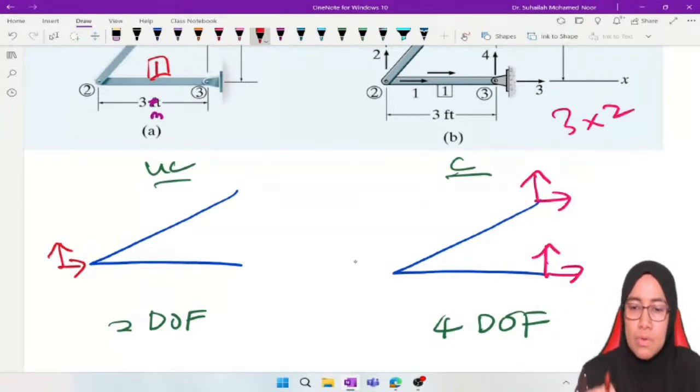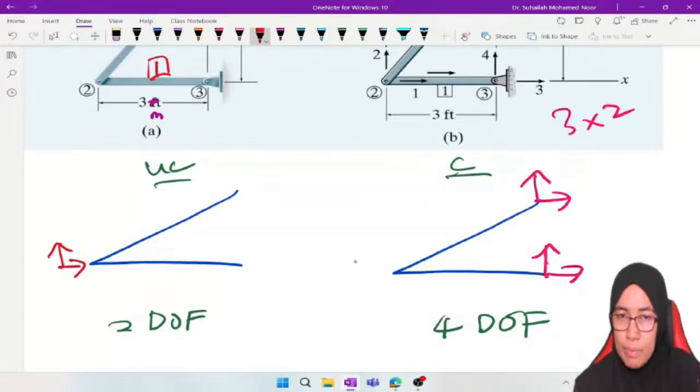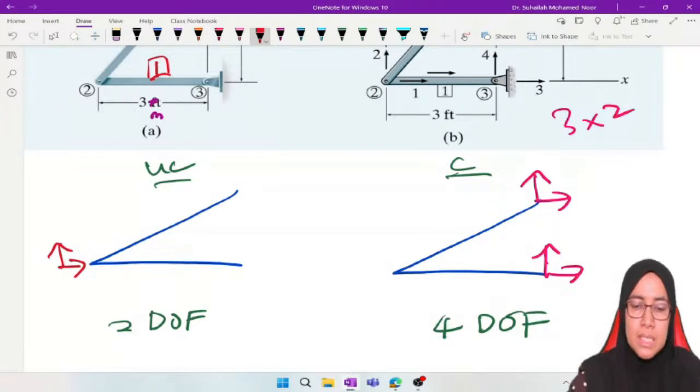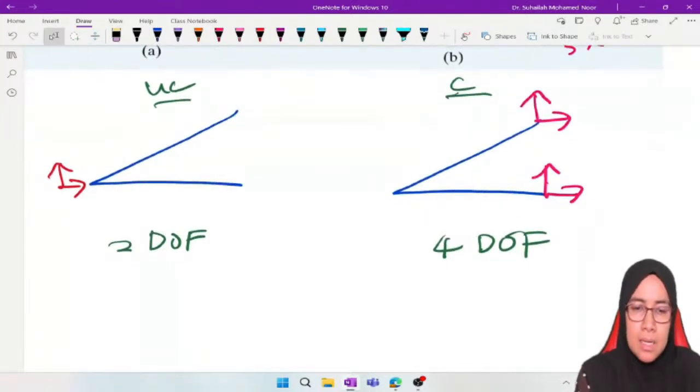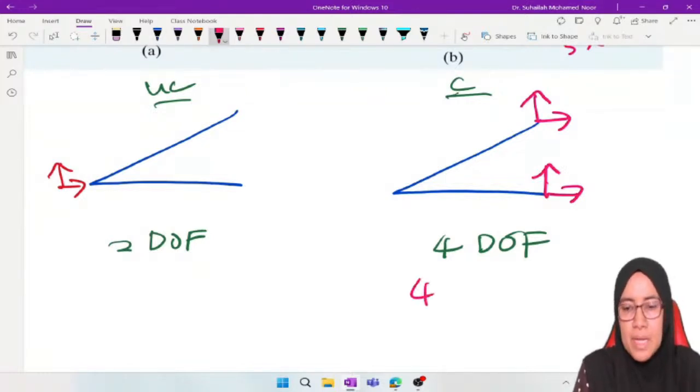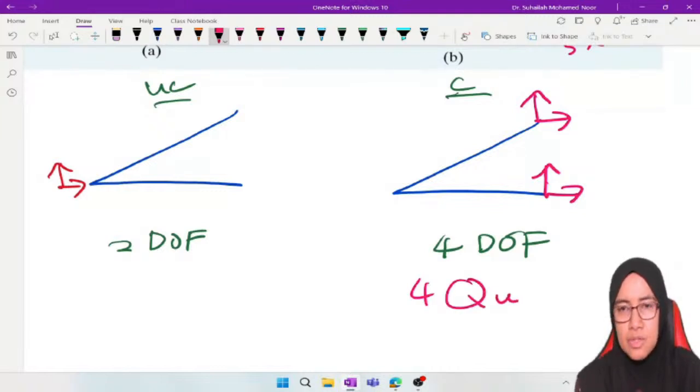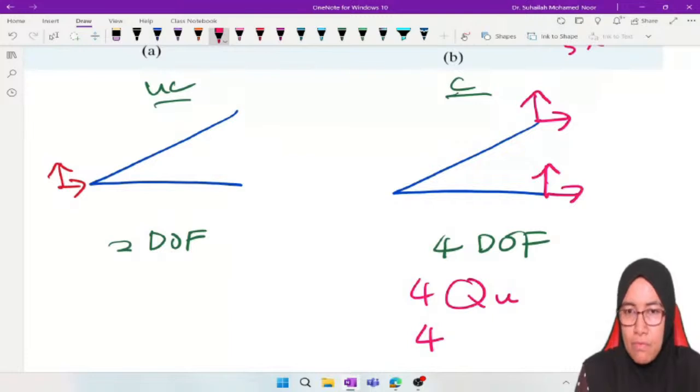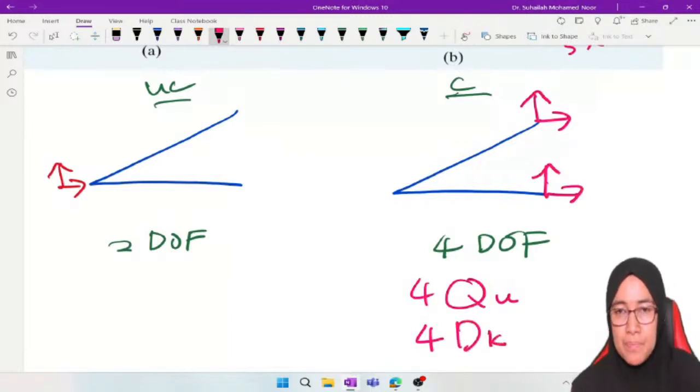So from this, what can we read? For the constrained system, we have known displacement, U for unknown reaction, and K for known displacement.